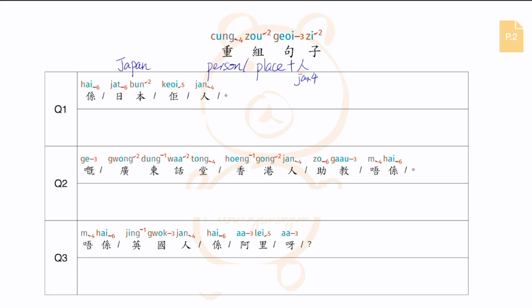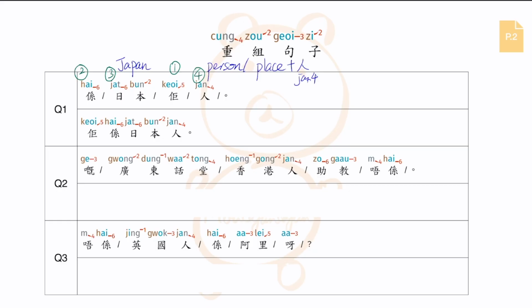So here, the subject will be 佢, right? And then the verb 係, verb to be, right? Is. And then the place 日本人, right? 佢係日本人。跟我讀一次，佢係日本人。What does this sentence mean?